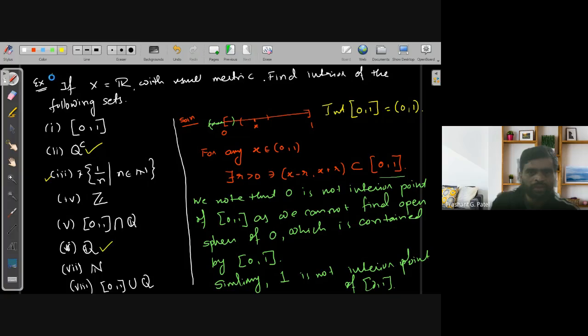What is the interior of this set? Does anyone want to say anything regarding the interior of this set? The set of all points of the form 1 upon n, where n is a natural number.